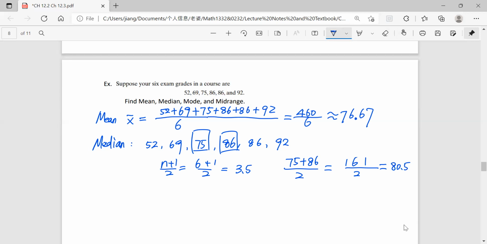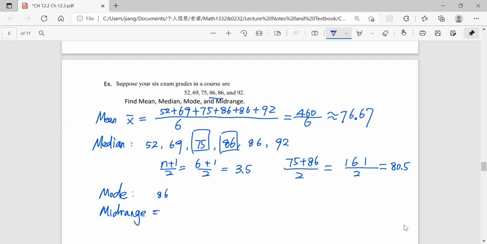And next one is mode. Which grade occurs most often? That's 86, because it occurs twice. And next one is mid-range.